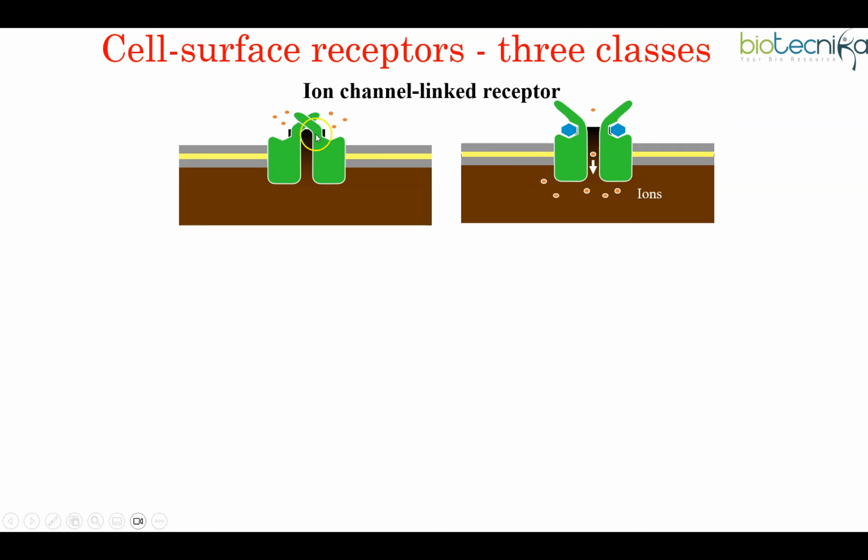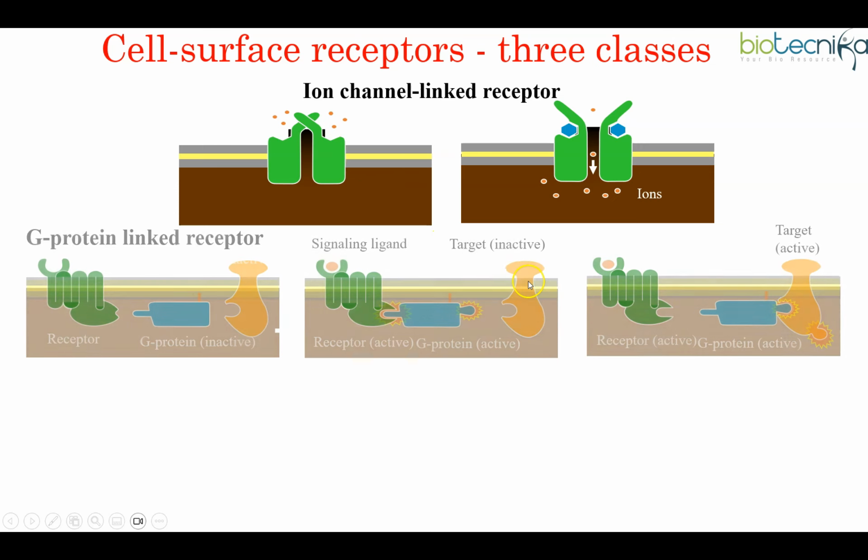Okay, but if the ligand is not bound over here, then the ions cannot flow. One very good example of this is the endoplasmic reticulum ligand gated channel for calcium ions. Only when the IP3 ligand comes and binds to this ligand gated channel will the channel open and calcium ions be released from the endoplasmic reticulum into the cytosol.